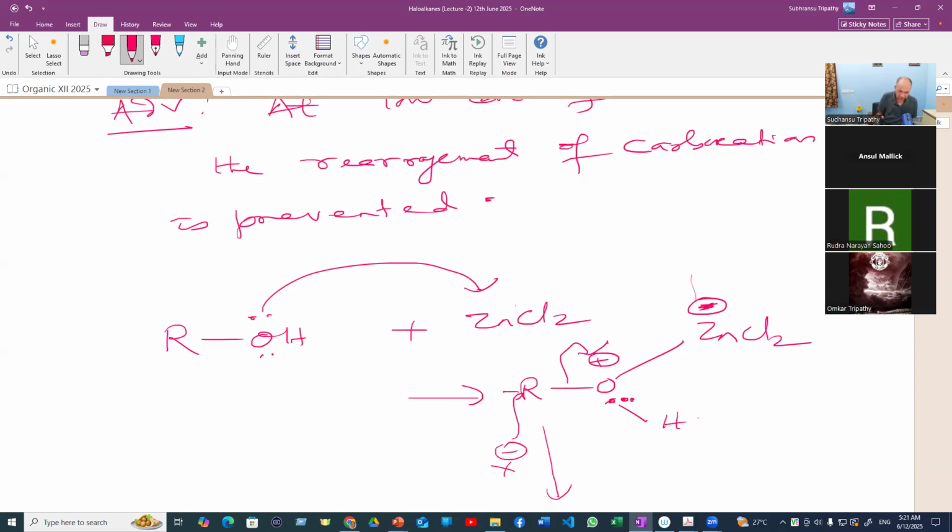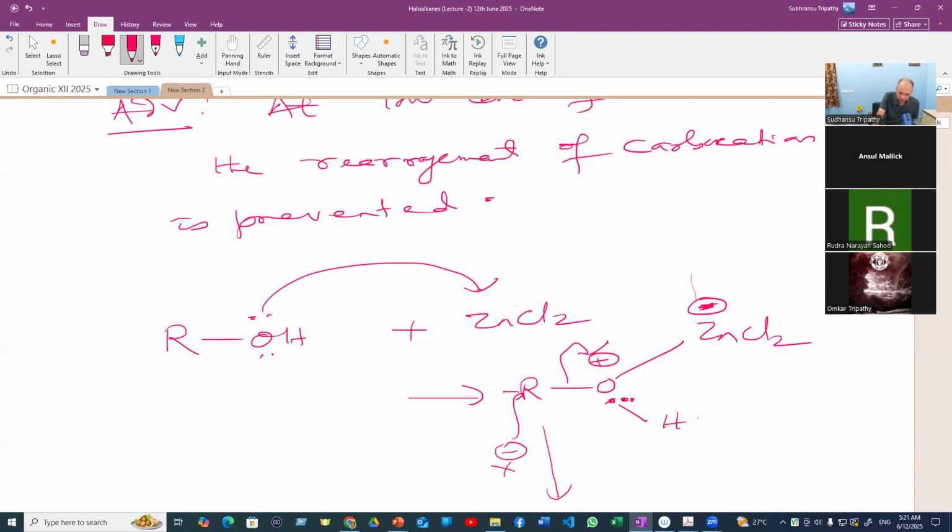or sometimes an intimate carbocation and this big species that are formed block the SN1 process. It allows the backside to appear because this is a huge one, ZnCl2OH.